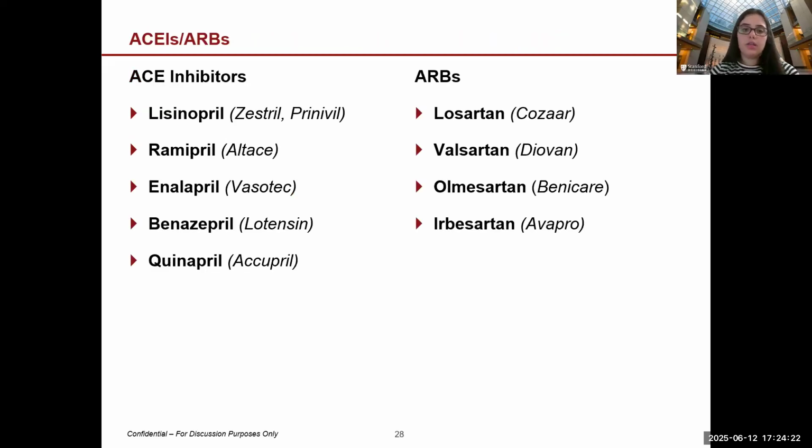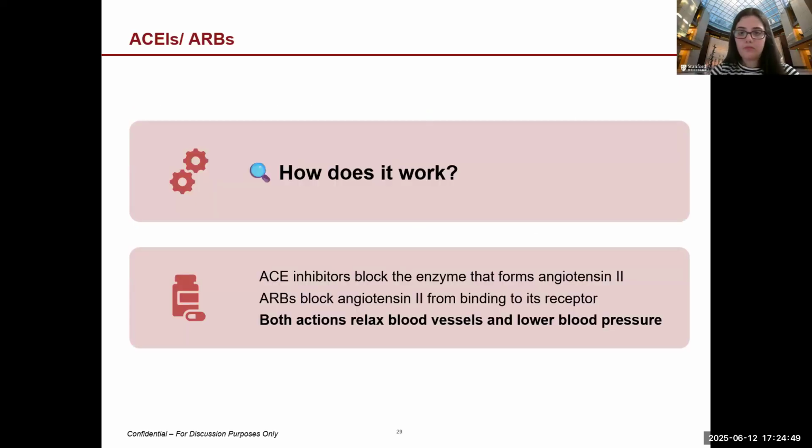So here I just included examples of ACE inhibitors and ARBs. ACE inhibitors include lisinopril, ramipril, enalapril, benazepril, and quinapril. And then ARBs include losartan, valsartan, olmesartan, and irbesartan. You usually get prescribed one of these medications, either an ACE inhibitor or an ARB, because they work similarly.